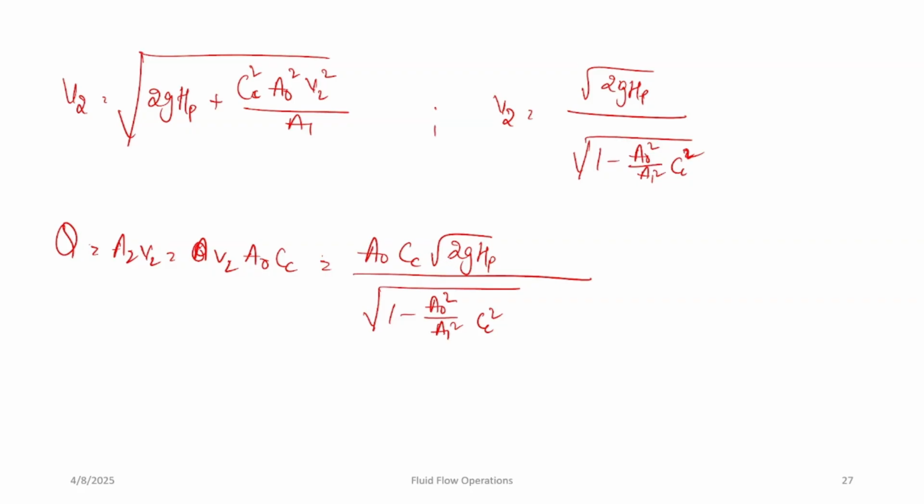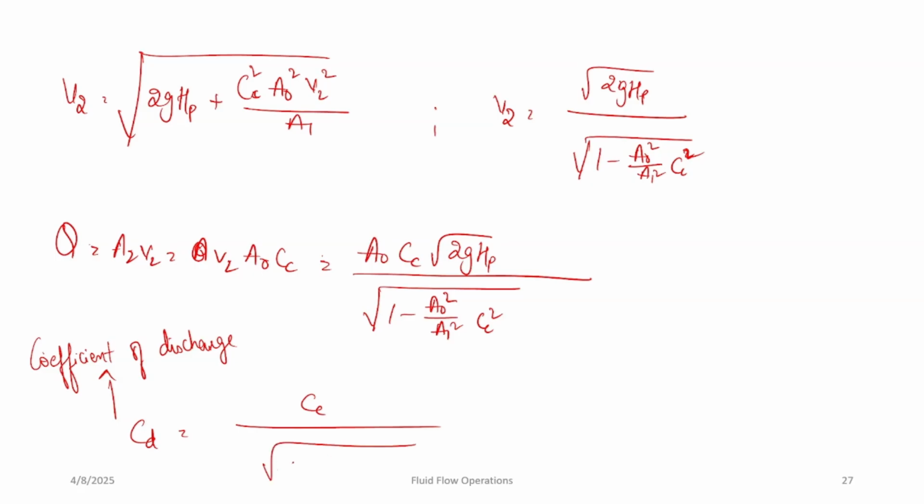So if CD is the coefficient of discharge for orifice meter, then CD can be defined as CC by square root of 1 minus A naught square by A1 square into CC square.